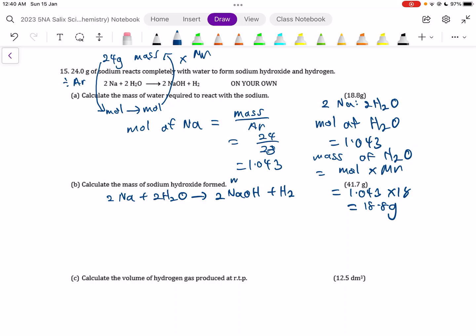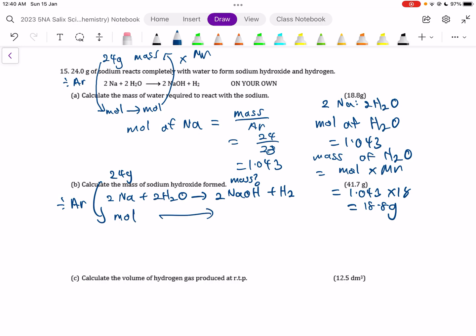Next you are asked to find the mass of your sodium hydroxide. You are told this is 24 gram, so you sort of have the number of moles from the previous part. When you divide it by your Ar, you get the mole.